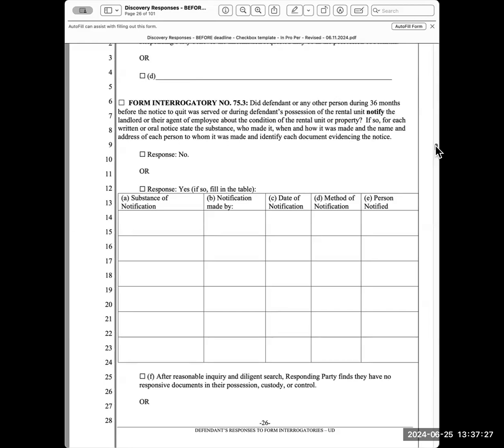If so, for each written or oral notice, state the substance, who made it, when and how it was made, and the name and address of each person to whom it was made, and identify each document evidencing the notice. So if you never notified your landlord about repairs that need to be made, you check here.